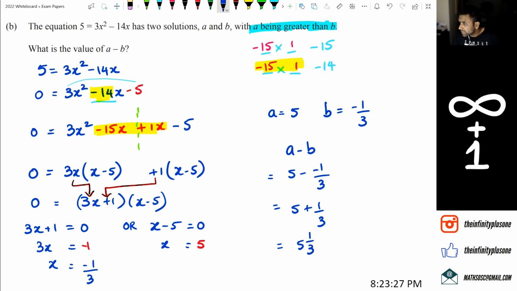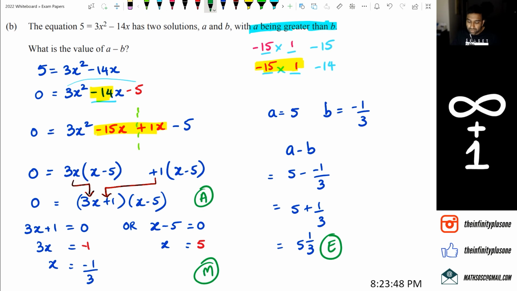Now, grades wise, looking at this question, which part do you get achieved? Factorizing the quadratic can get you an achieved, so getting up to this line is going to get you an achieved. For merit, both correct values of x found, so this is going to be merit. And then excellence is here.